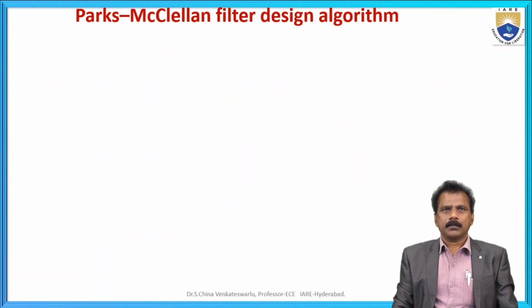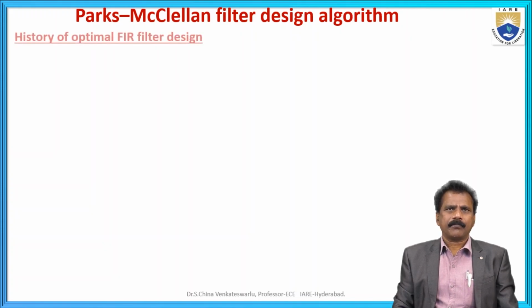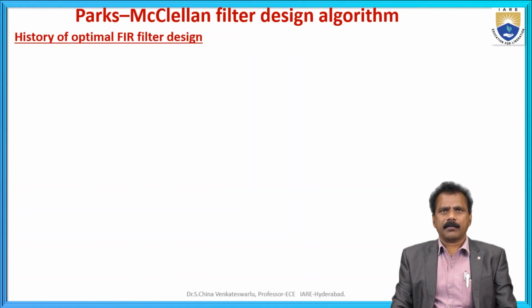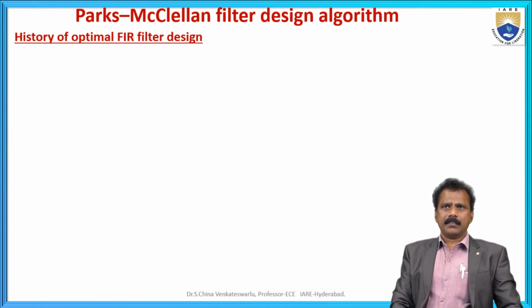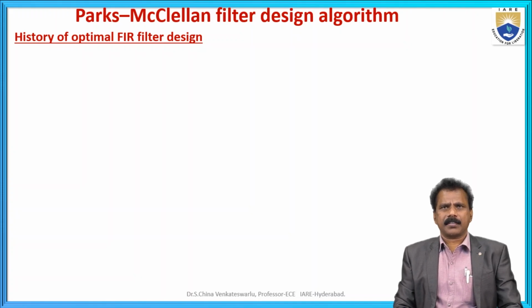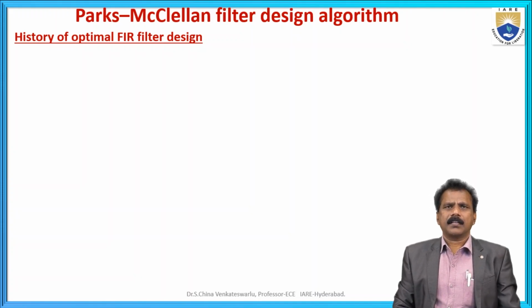Now, for depth, the background and history of this particular algorithm, the Parks-McClellan filter design algorithm. What is the history of optimal FIR filter design? With reference to that, you can recollect these Parks-McClellan filter design aspects.